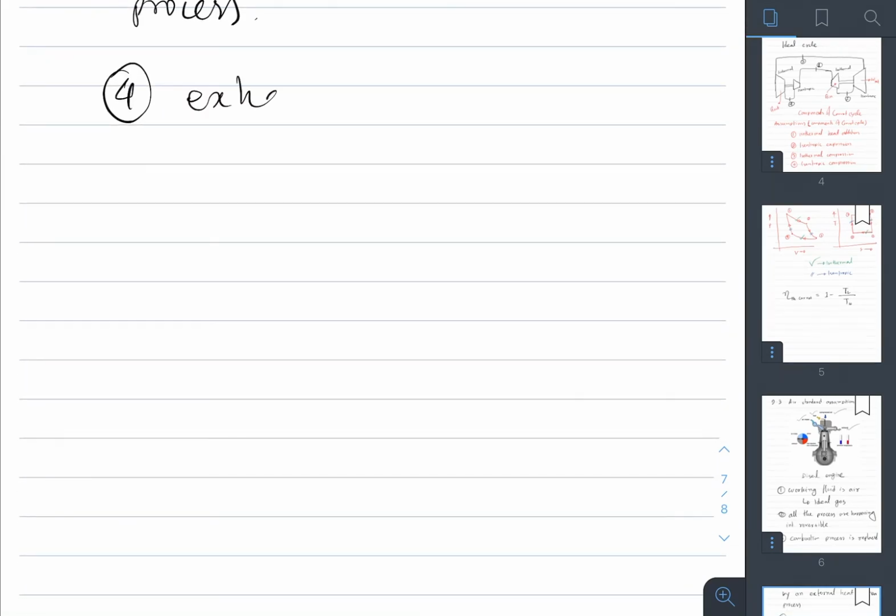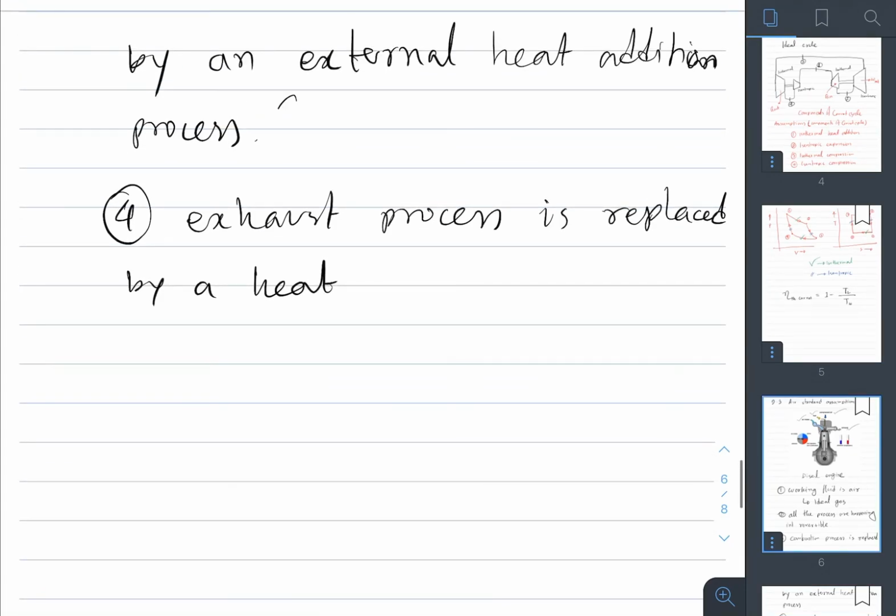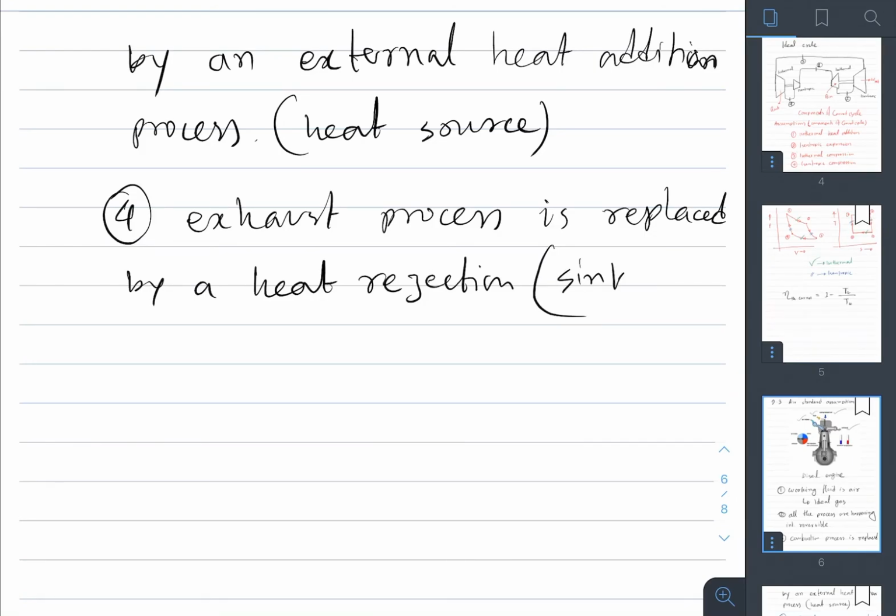And number four, the exhaust process is replaced by a heat rejection. Actually, it will be heat source and heat rejection, which is the sink, right?